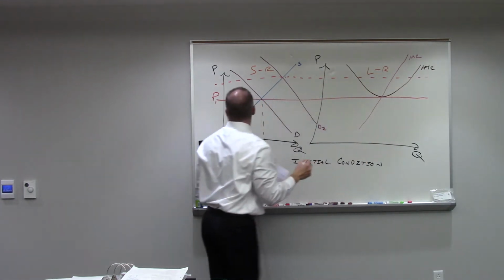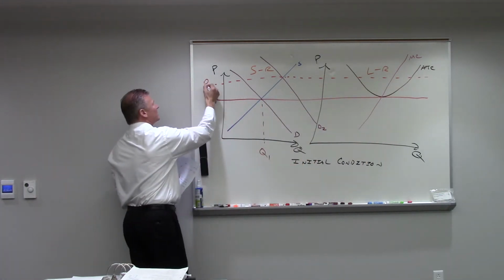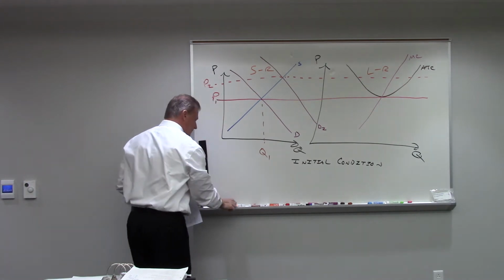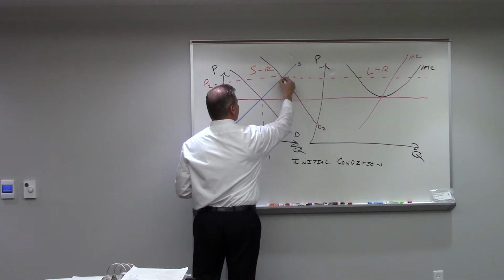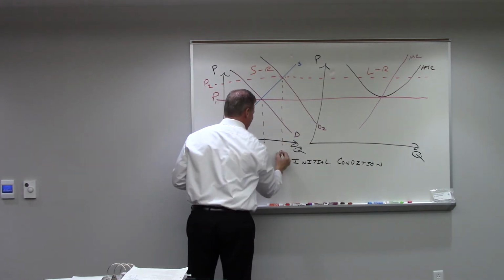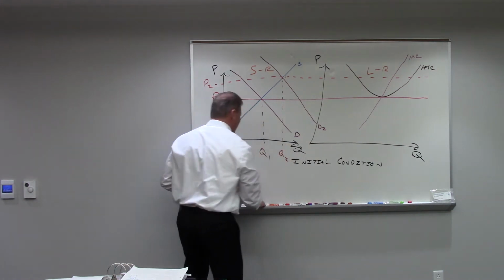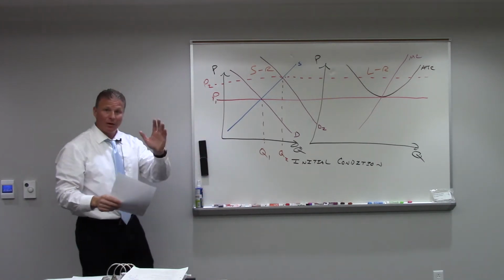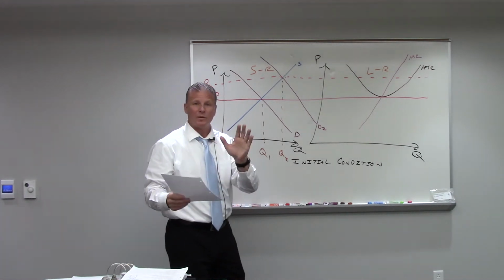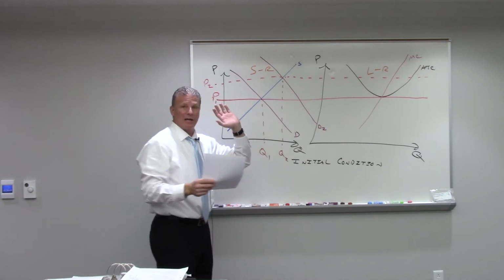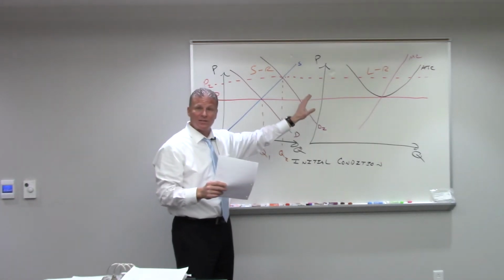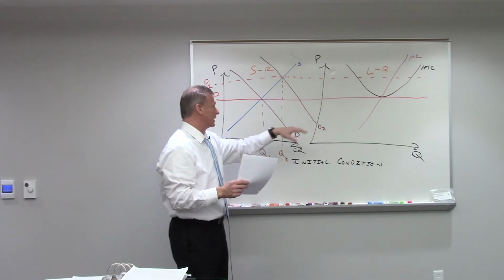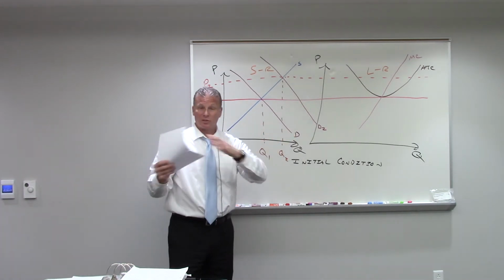So let's take that over. The price line moves up, and now we've got a new quantity. Now, remember what you already know from yesterday. If total revenue is P times Q, the total revenue is going to increase for the entire market. And again, with milk, we're still in competition.